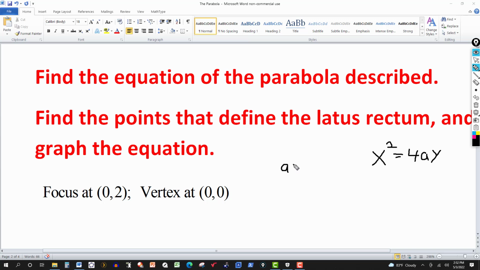And remember, a is always positive, and you use the a to find your focus and your directrix. That means this 2 here has to be a.